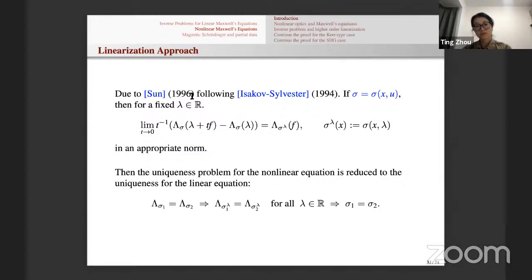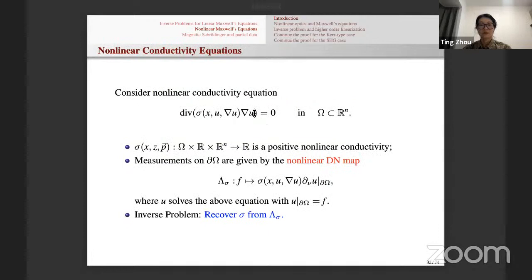But this technique of the linearization approach was developed as early as the 1990s by Sun and Isakov, Sylvester, in these two works. For example, for a simple case, if sigma only depends on the solution U, not the gradient field, not the first derivative, the idea is simple. If you have this assumption, you can notice that any constant lambda is a solution for the conductivity equation.